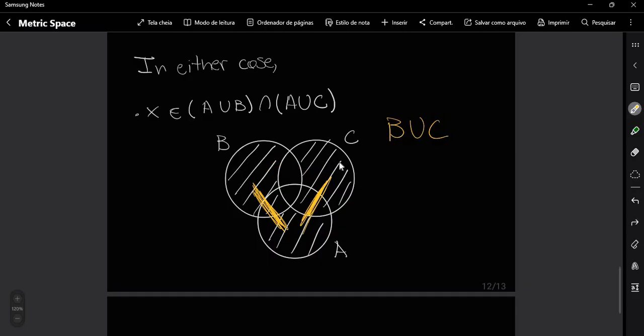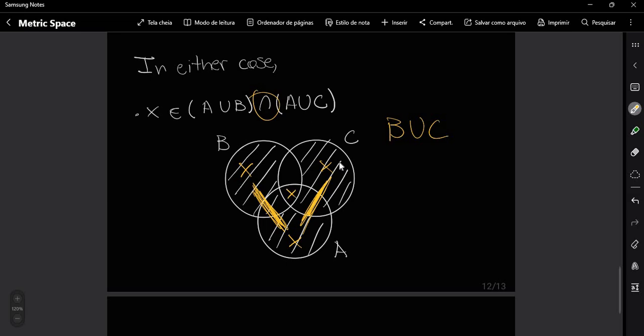So again, as this is an intersection, instead of placing the element x right here, this intersection will kind of inverse the way that x appears on the sets.